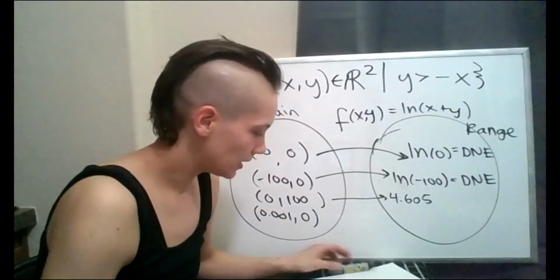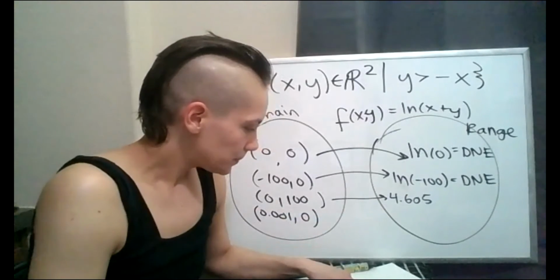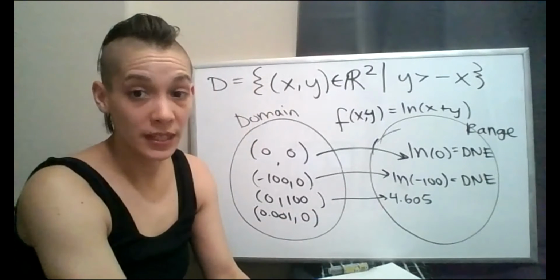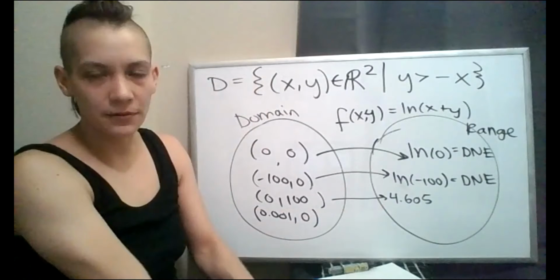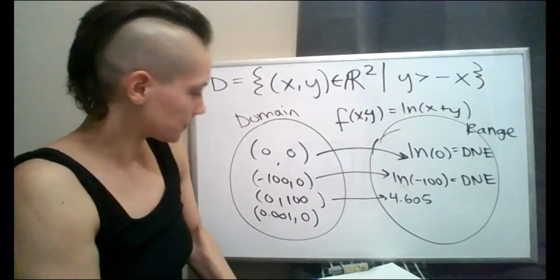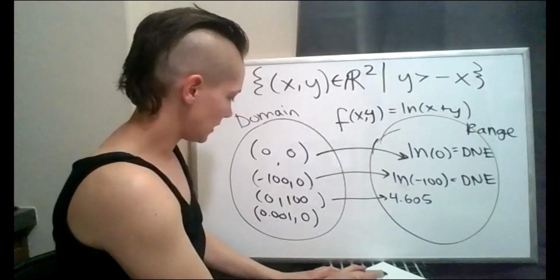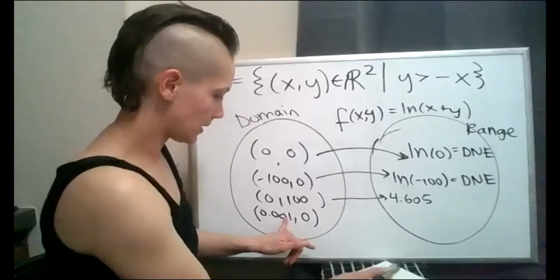Let's put in a few more inputs and check out our outputs and try to figure out what this set is. And we'll try this next.